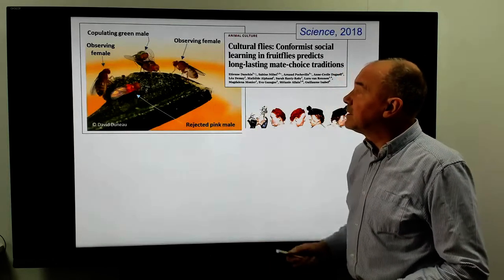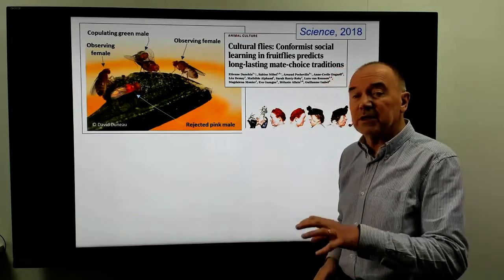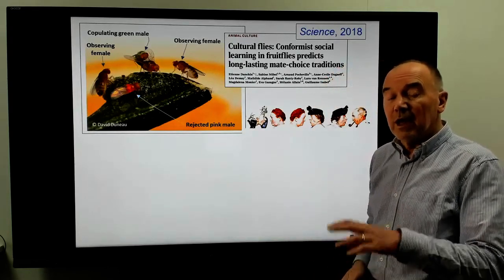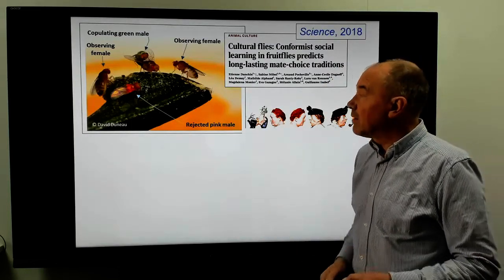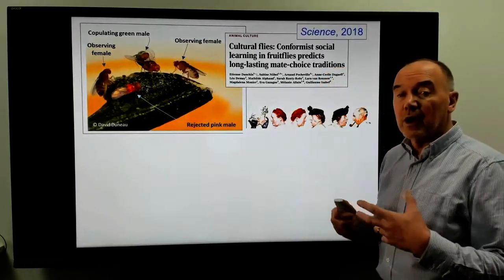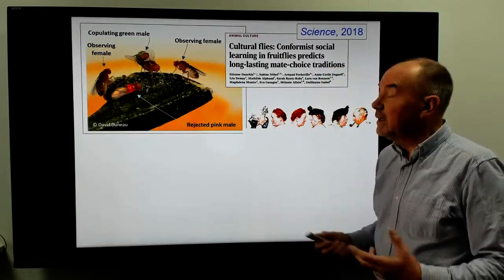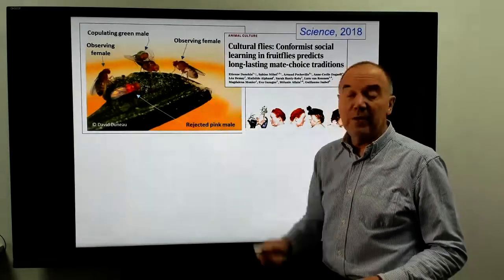What you see here in this image is at the top a male who's been dusted green by experimenters, and he is the lucky one mating with a female, whereas at the bottom there is this pink dusted male who, it's not his lucky day, he's not mating, and looking on to this scenario are two females.